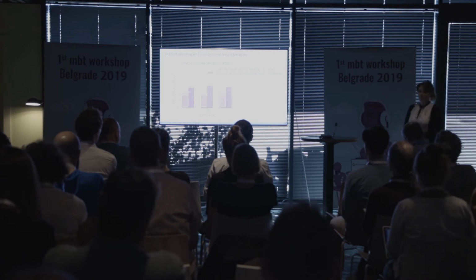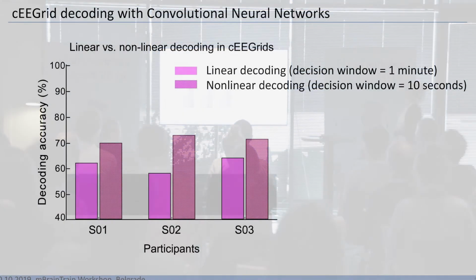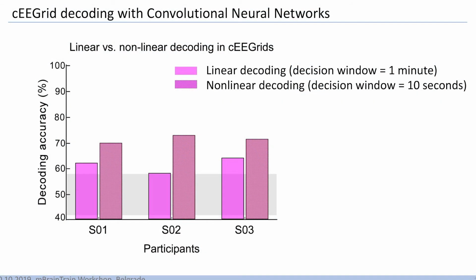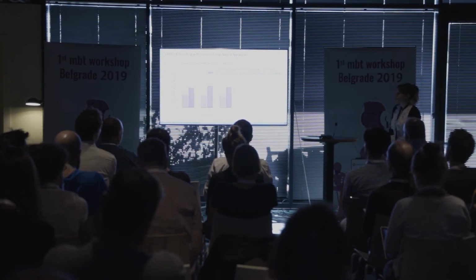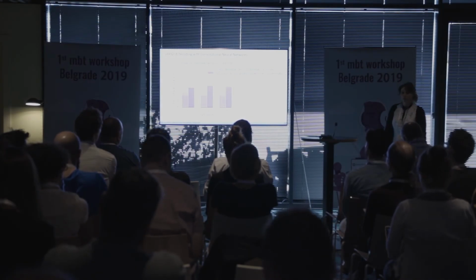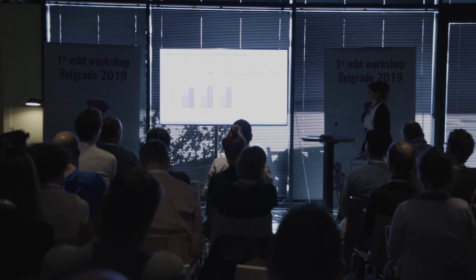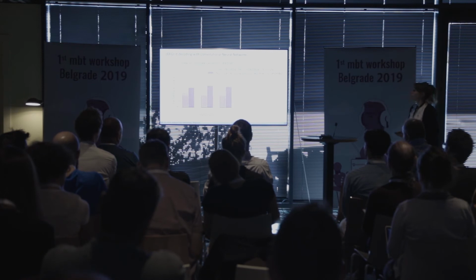So this is also fresh data. I don't have all the participants analyzed yet, but I took 3 of the worst performing participants, and you can still see an increase of like 15 to 20% accuracy even. Well, 15, let's not overdo it.